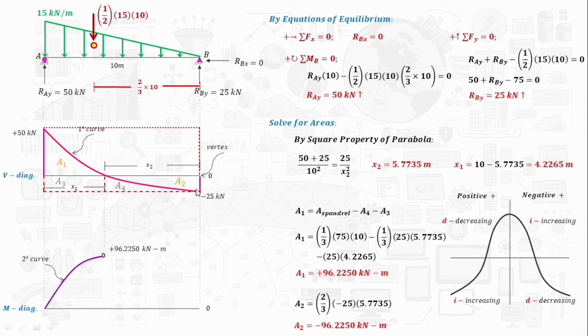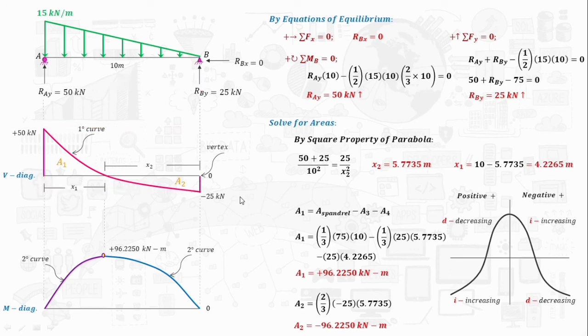Since nasa baba siya, ibig sabihin negative, and from 0, nag-i-increase yung negative. So, negative, increasing, second degree curve. So, that is our shear and moment diagram for this specific problem.